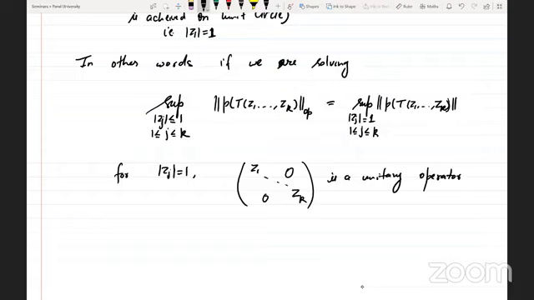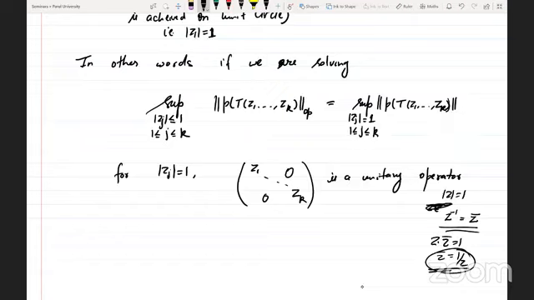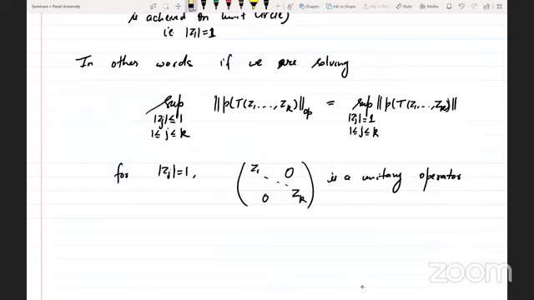I mean, the inverse of z on the circle: if mod z is equal to 1, and you are talking about z inverse, that means 1 by z, it is basically z bar, right? Because z into z bar is 1, and therefore z bar is 1 by z. So the inverse basically becomes the star or the conjugate. That's why it becomes a unitary operator, a unitary matrix.